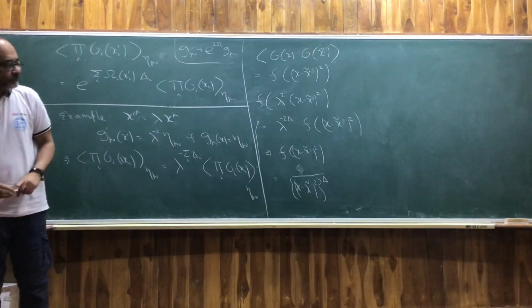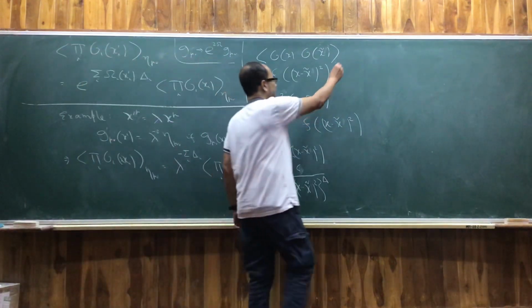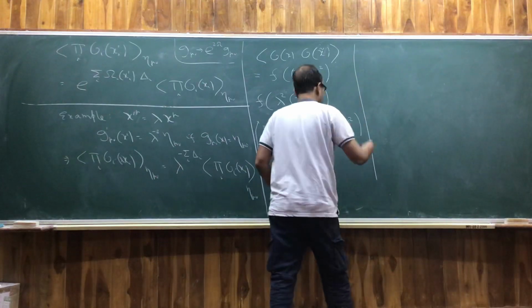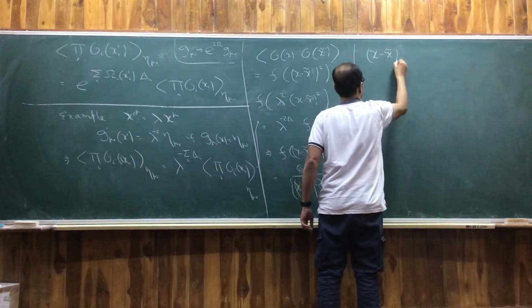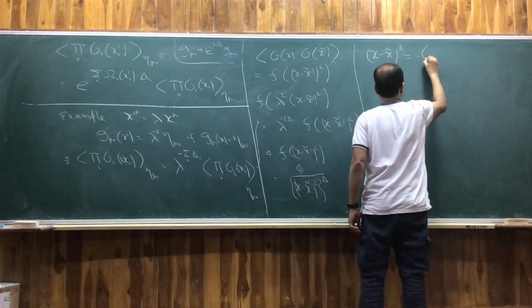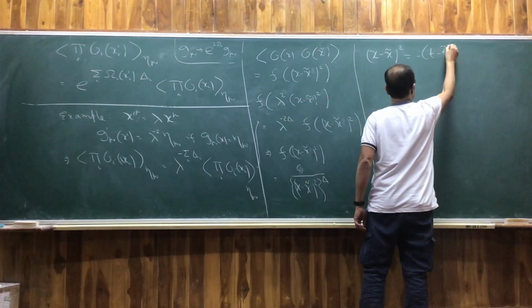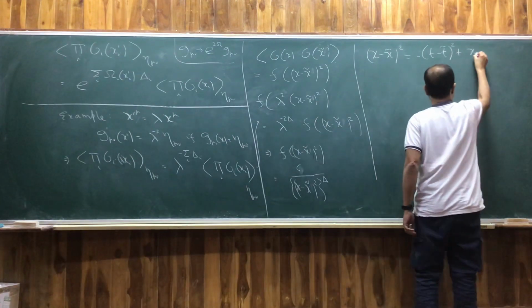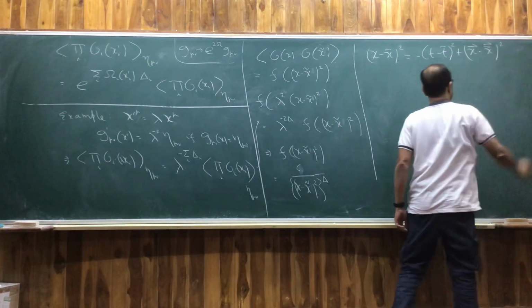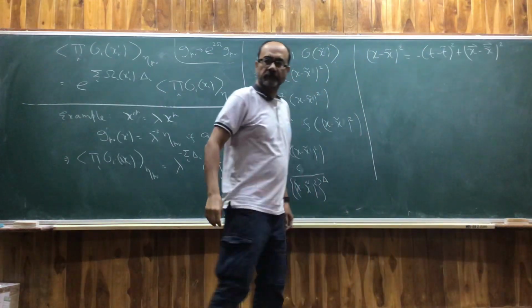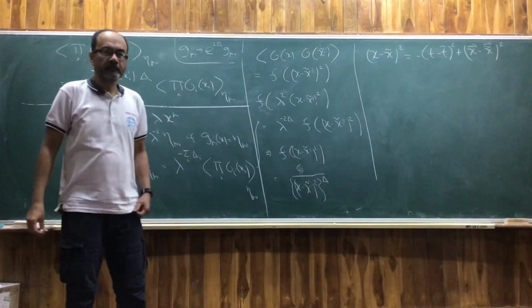Okay, now we'll do some manipulation with this. So x minus x tilde squared is minus t minus t tilde squared plus x minus x tilde squared.